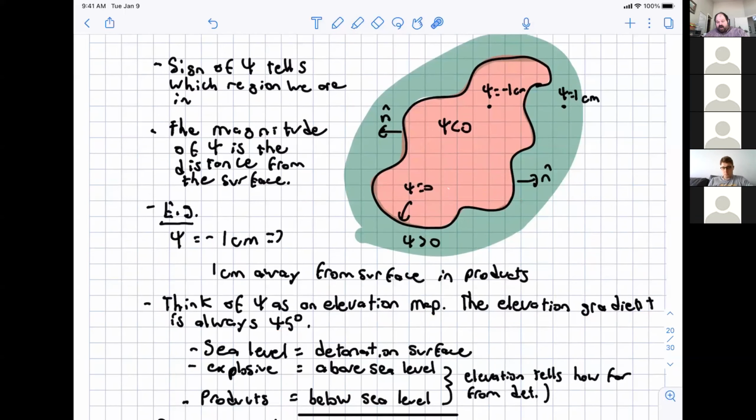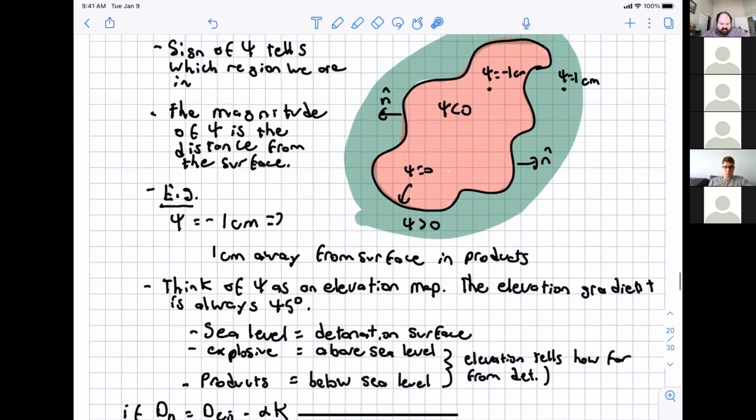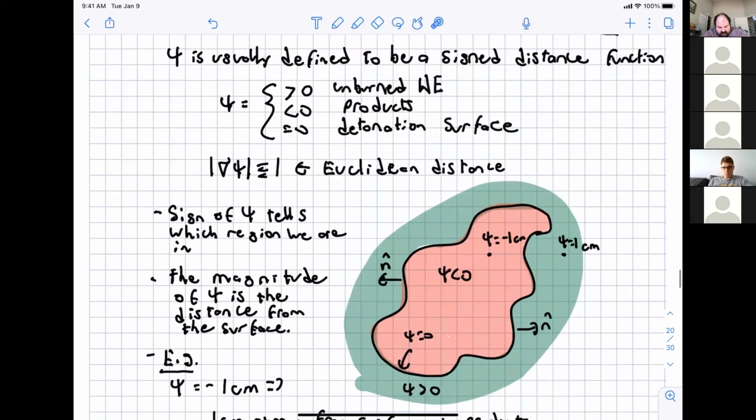Okay, and you can think of on the elevation map, sea level will be the detonation surface. In the explosive, that will be above sea level, and in the products, that will be below sea level.